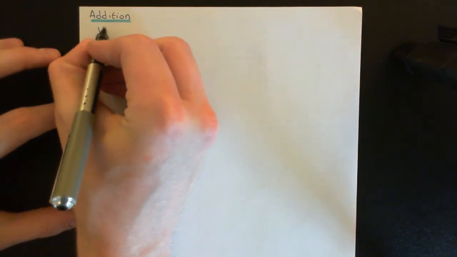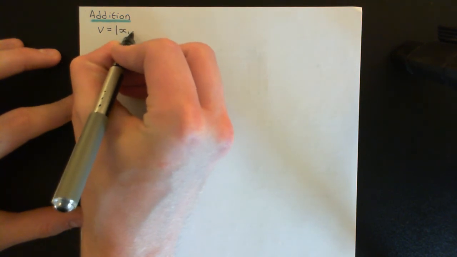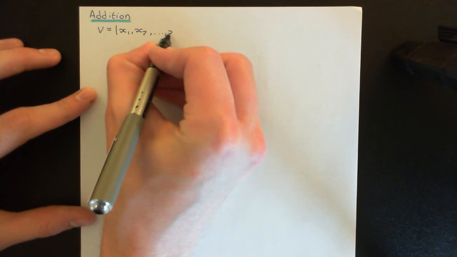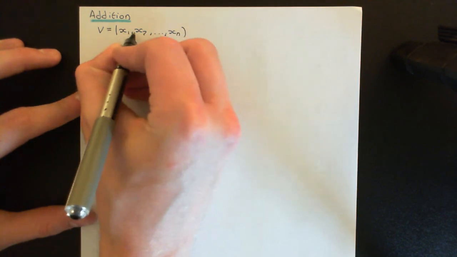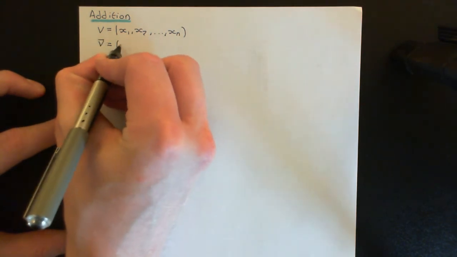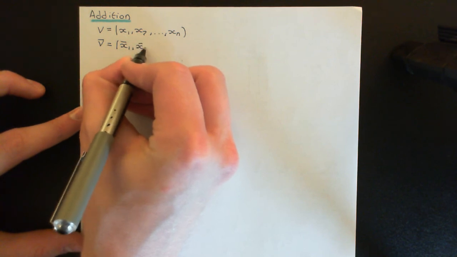So I'm going to take one vector which I'll call v, and let's say that it's got components x1, x2, all the way up to xn, where all of these entries are from the field capital F. And we'll also have another vector which we'll call v bar, which will have components x bar 1, x bar 2, all the way up to x bar n.